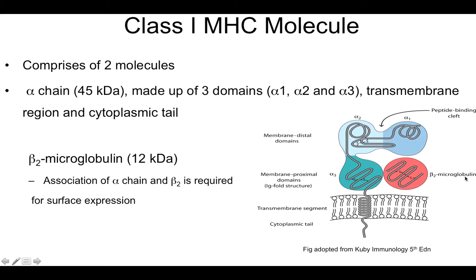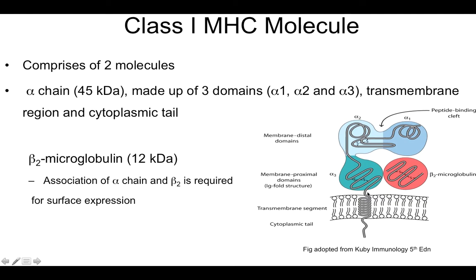This beta 2 microglobulin is a 12 kilodalton protein that is encoded by genes that lie outside the MHC complex. For the expression of this class 1 MHC molecule on the surface of the cell, it is necessary that the beta 2 microglobulin should be associated with the alpha 3 domain of the alpha chain.